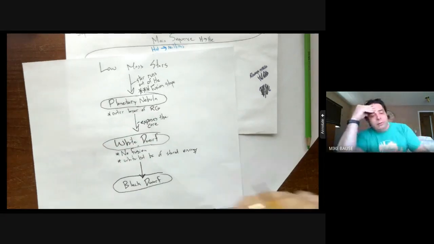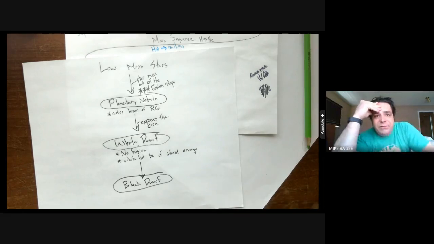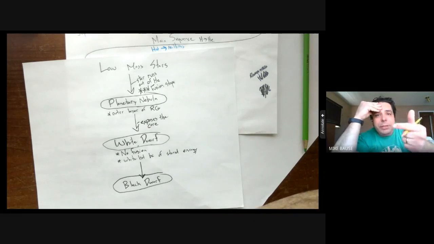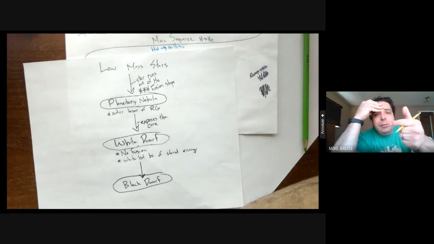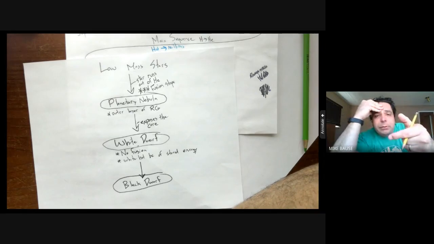A black dwarf, listen to this. This is fascinating. It is made of pure carbon. It is the size of the Earth, and it was made and forged in tremendous heat and pressure. What do you get when you take a lot of carbon and you apply a lot of heat and pressure for millions of years?